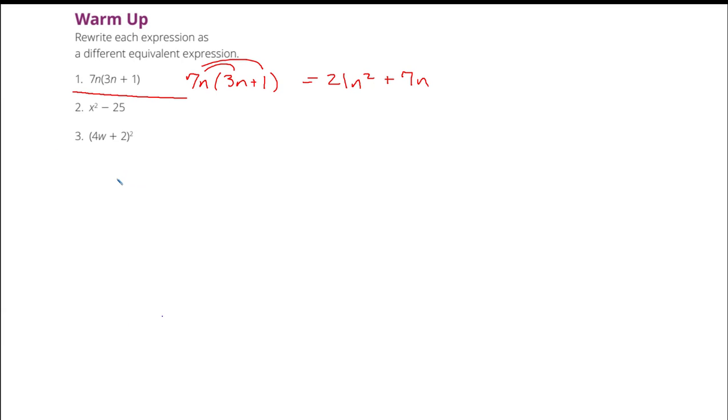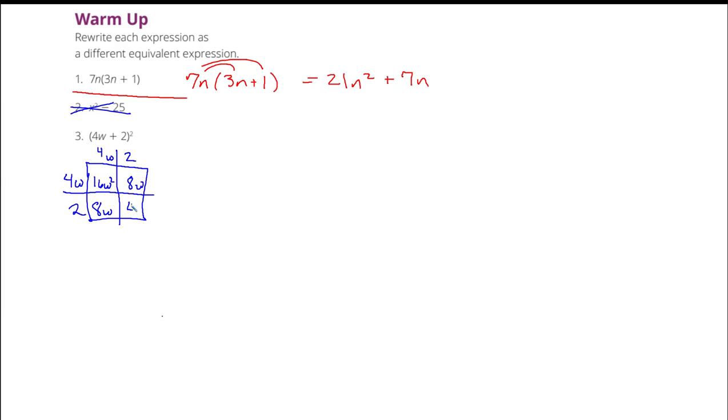On number 3, we're not going to worry about this one just yet. For number 3, that's where you multiply from the outside in. So 4w and the 2, and 4w and 2. 4w times 4w is 16w squared. 2 times 4w is 8w. 4w times 2 is 8w.